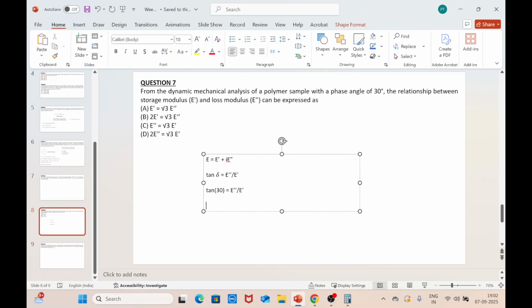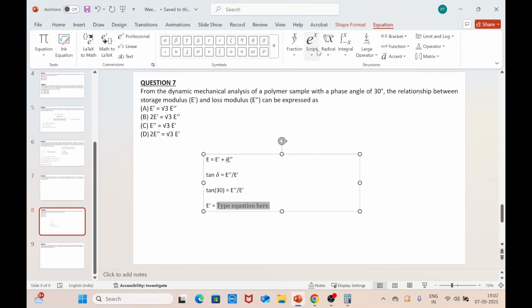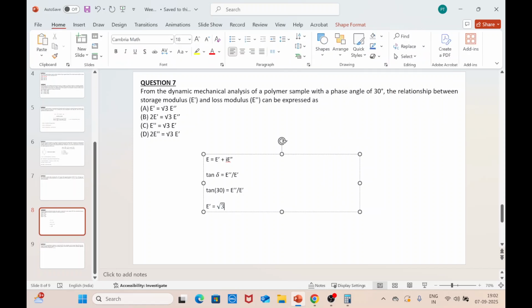So tan 30 is 1 by root 3. So if you express, then the storage modulus is root 3 times the loss modulus. So option A.